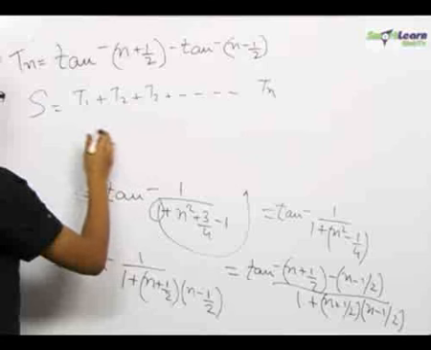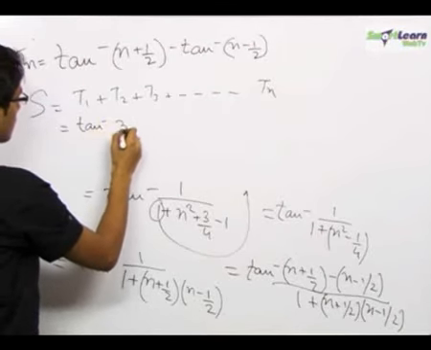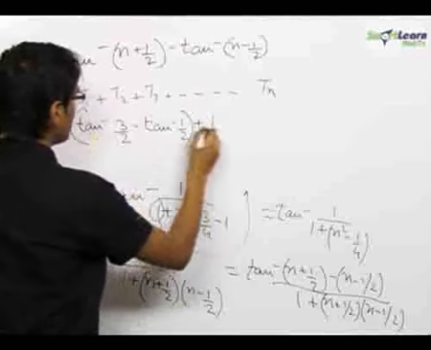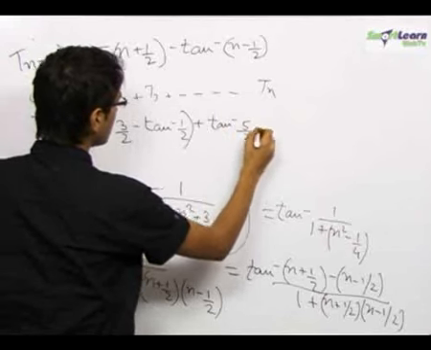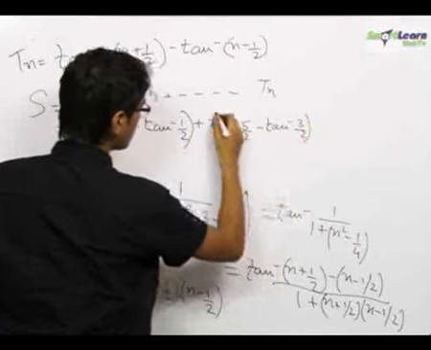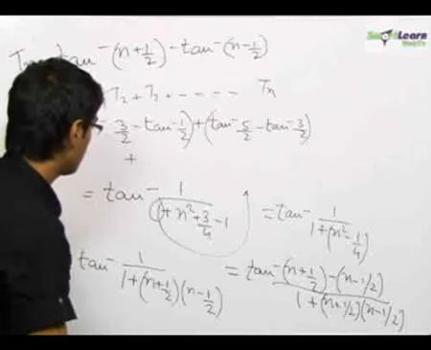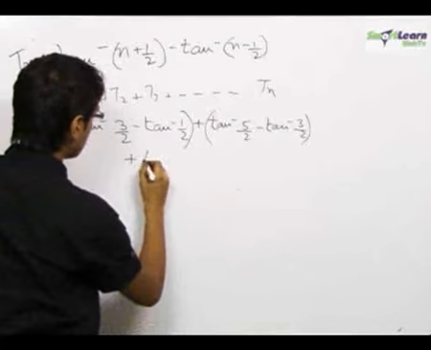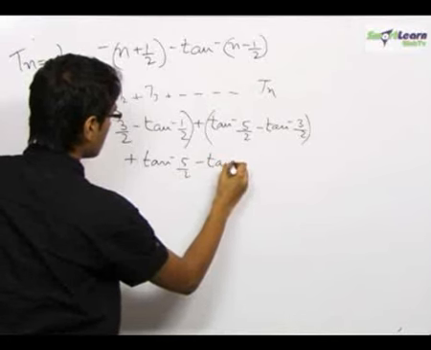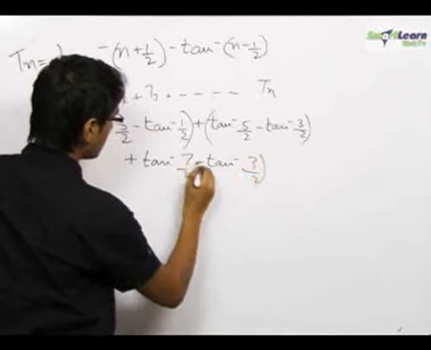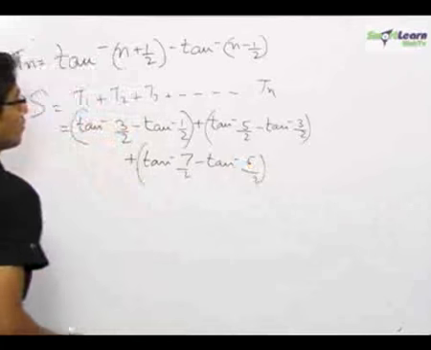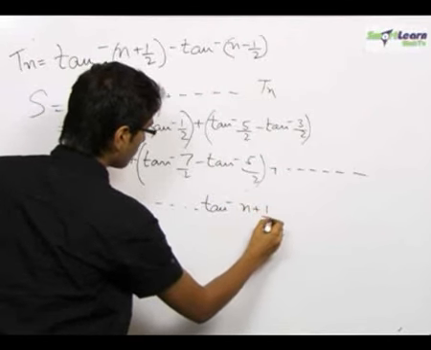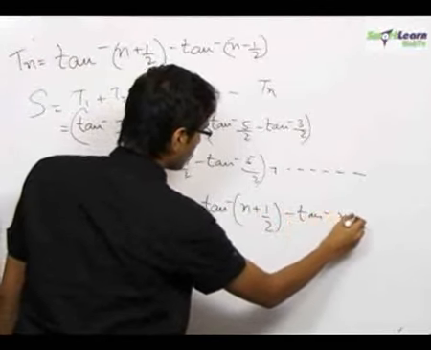So putting n equals 1, 2, 3, 4, we get tan inverse of 3 by 2 minus tan inverse of half, plus tan inverse of 5 by 2 minus tan inverse of 3 by 2, and similarly all the other terms, like the third term as tan inverse of 7 by 2 minus tan inverse of 5 by 2, putting n equals 3, and the last term will be tan inverse of n plus half minus tan inverse of n minus half.